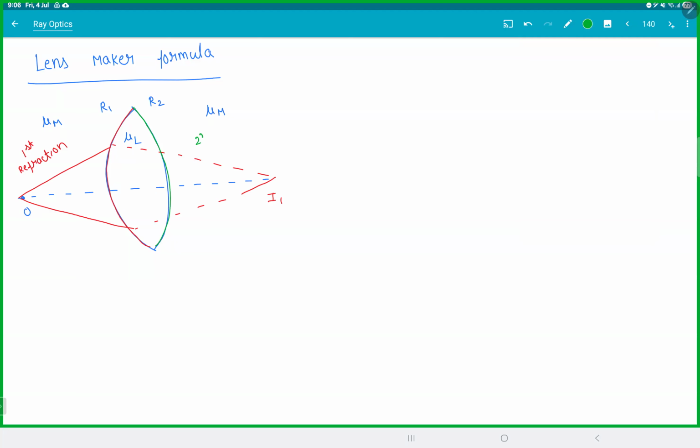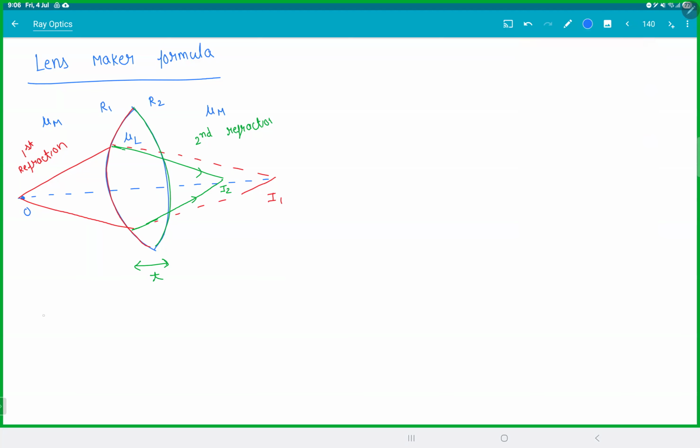This is your second refraction. Then these light rays, instead of going and meeting at I1, would meet somewhere here. So we have to use refraction on a curved surface 2 times.